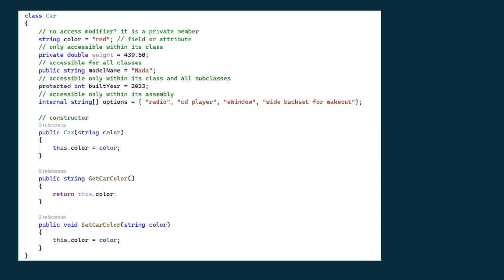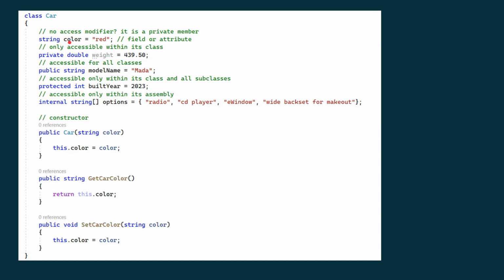It is best practice or convention that the name of your class starts with an uppercase letter and you use Pascal case for the naming. And inside a class, you can have fields or attributes. You can have properties. I will tell you about properties in a minute. You can have methods and you can have a constructor. I explain it from top to bottom.